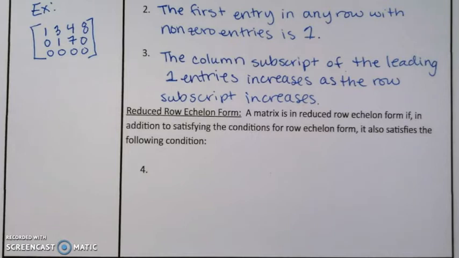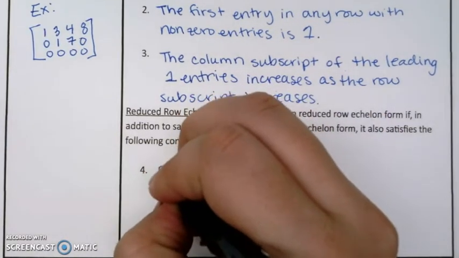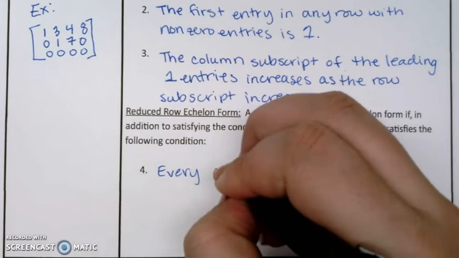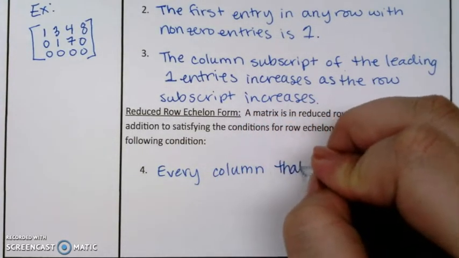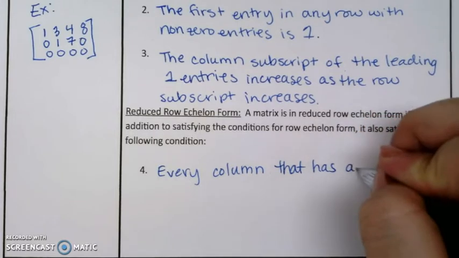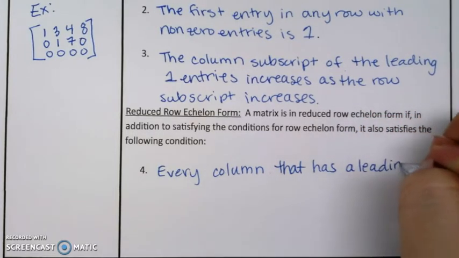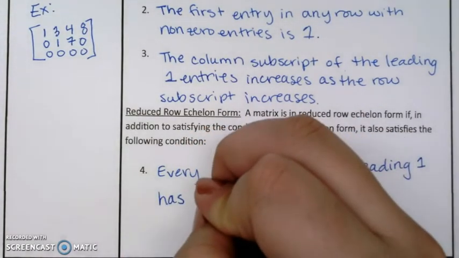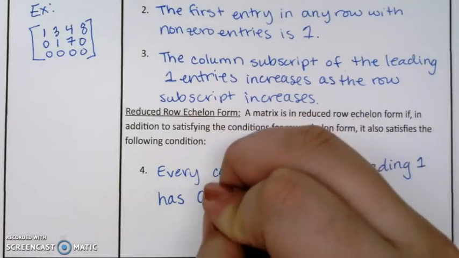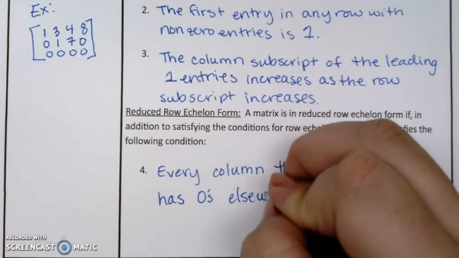In order to put it into reduced row echelon form, we would also add the condition that every column that has a leading one has zeros elsewhere.